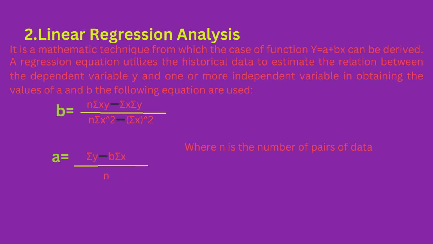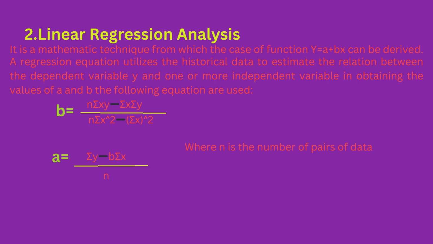As you can see on your screens, this is a mathematical technique. A regression analysis utilizes historical data to estimate the relationship between the dependent variable y and one or more independent variables, which is also in the values of a and b, as per the equations which we can see.